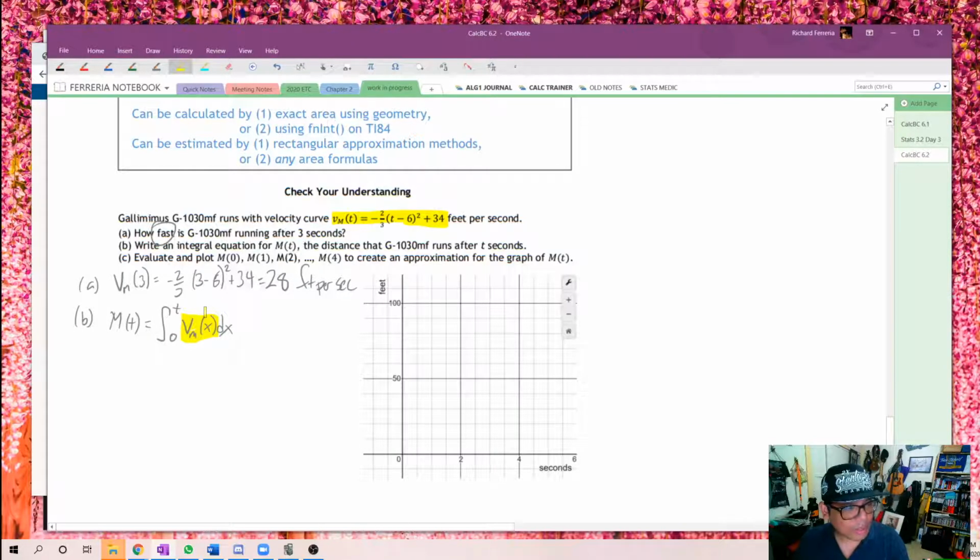I'm going to put this in the calculator because we're going to have to evaluate m at a few places. So we want m0, m1, m2, m3, and m4. So let's evaluate those.